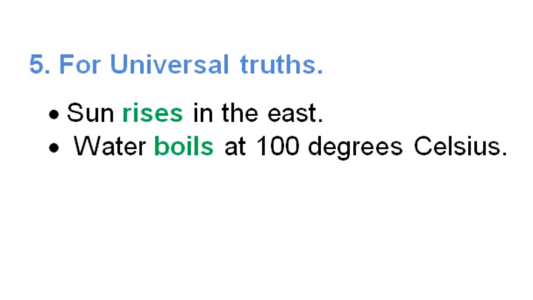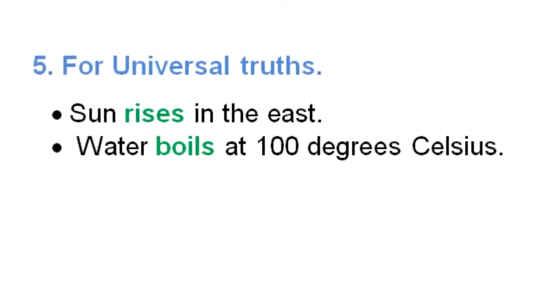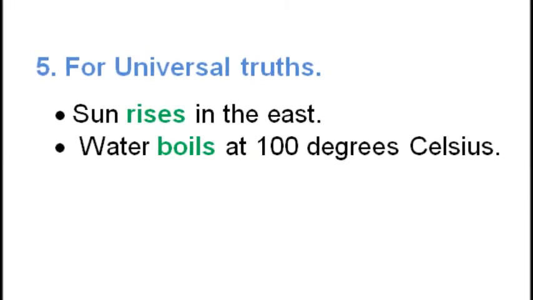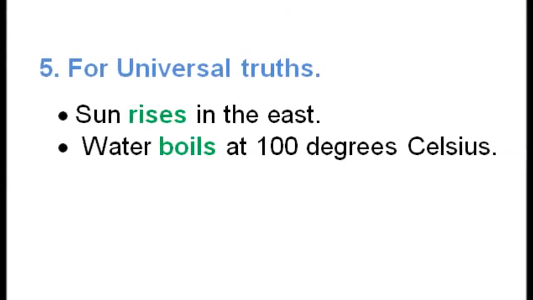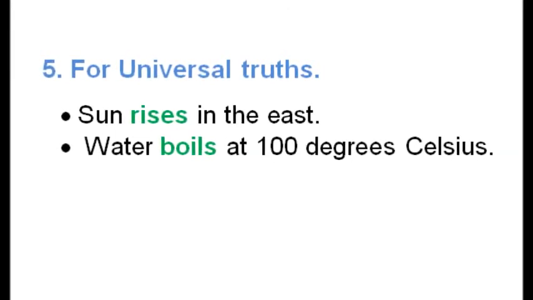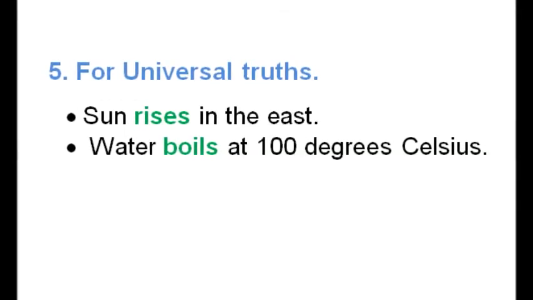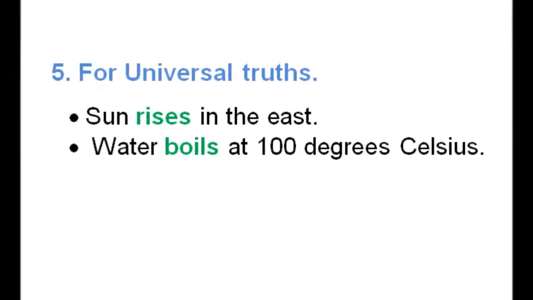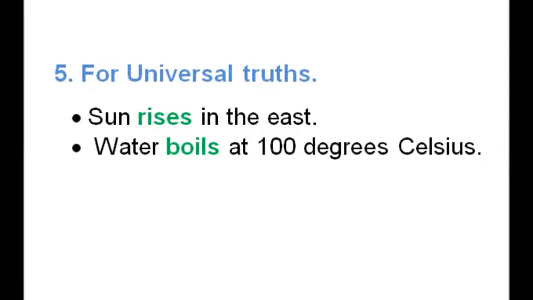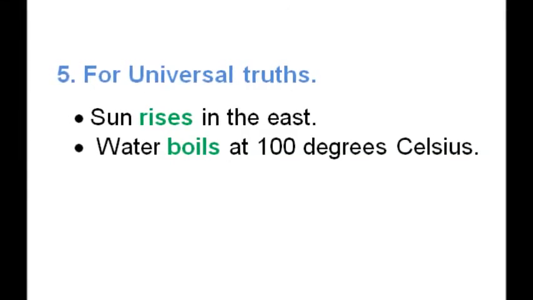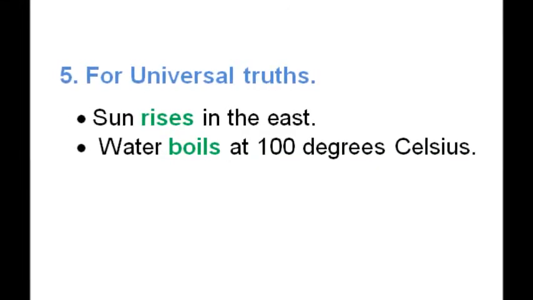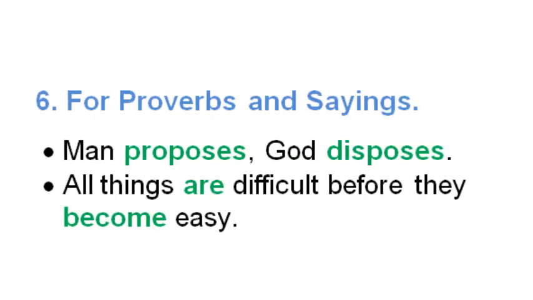For universal truths, sun rises in the east, water boils at 100 degrees Celsius, or the earth revolves around the sun. So, to express such universal truths, we need to use only simple present tense.